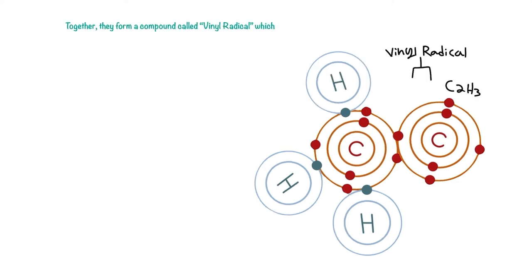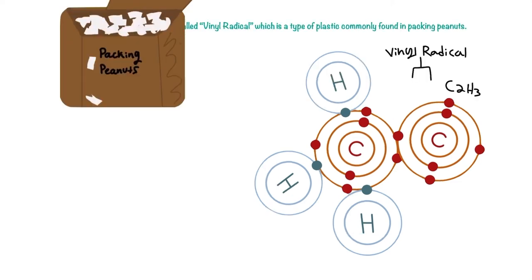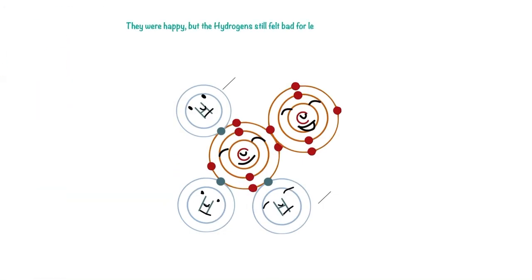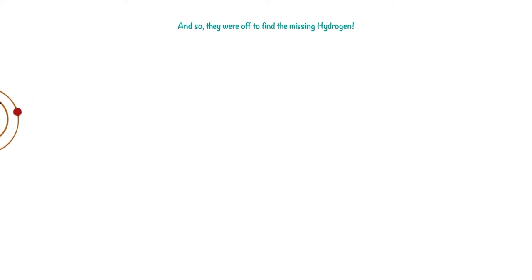Together, they form a compound called vinyl radical, which is a type of plastic commonly found in packing peanuts. They were happy, but the hydrogens still felt bad for leaving their brother behind. And so, they were off to find the missing hydrogen.